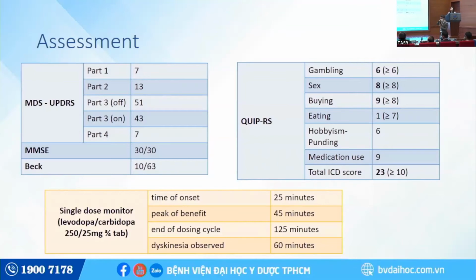But I just want to point out that there is already a Delphi consensus panel on the criteria for considering device-aided therapy in advanced Parkinson's disease patients. And I think we know some of the important indicators, for example, disabling off time for at least 2 hours per day, disabling dyskinesia, and taking medications more than 5 times a day.